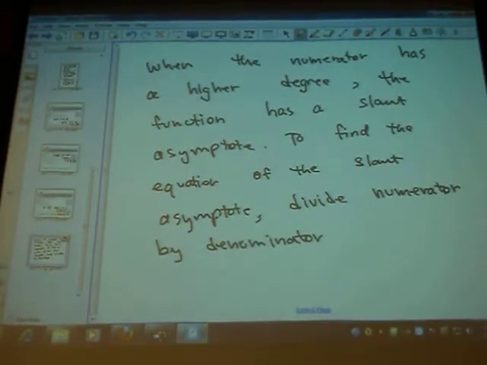And you want to use what we learned last time, which is synthetic division.